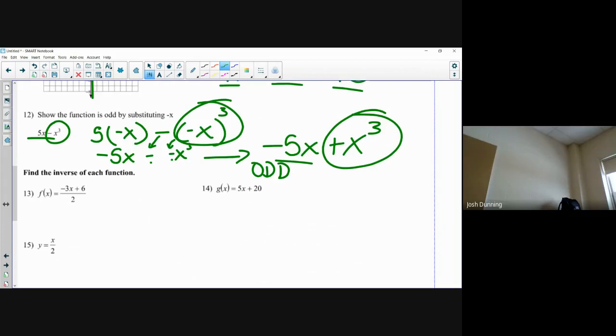13, inverse. This is what we did yesterday. You swap your input and your output, and we'll just forget about the of x part here. So we'll swap f and x. Now we got to solve for f. The whole side is divided by 2, so I'll multiply by 2 first. Subtract 6.